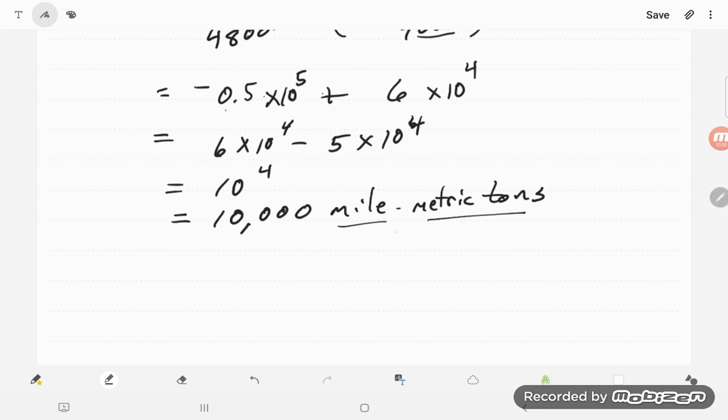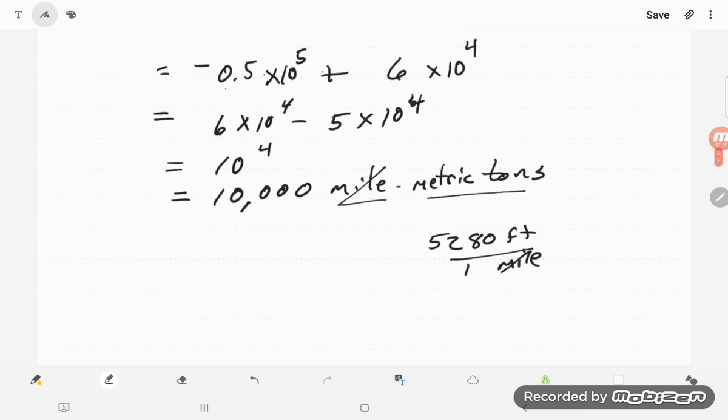So if they want to change from miles to feet, I know that there are 5,280 feet per 1 mile. So I can multiply by that and the miles will disappear. And then pounds, yeah, I think it's 2,200 pounds in a metric ton. And we can check that. So that would be 10,000 times 5,280 times 2,200.